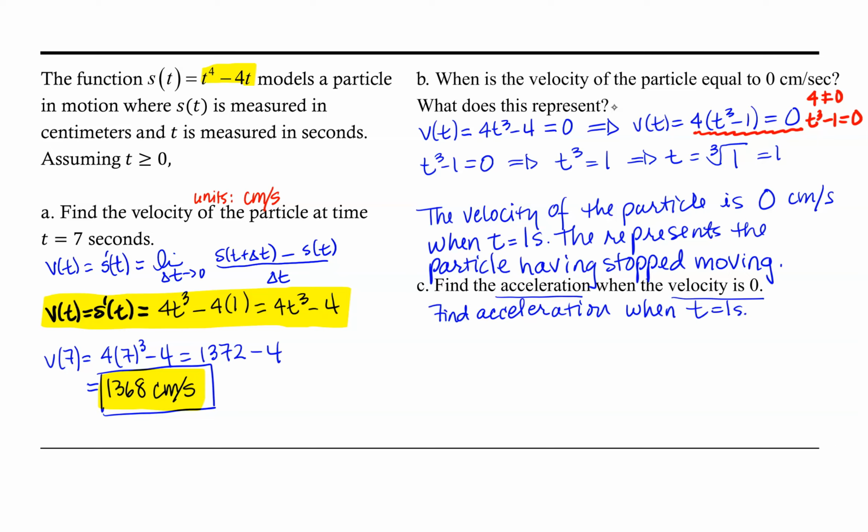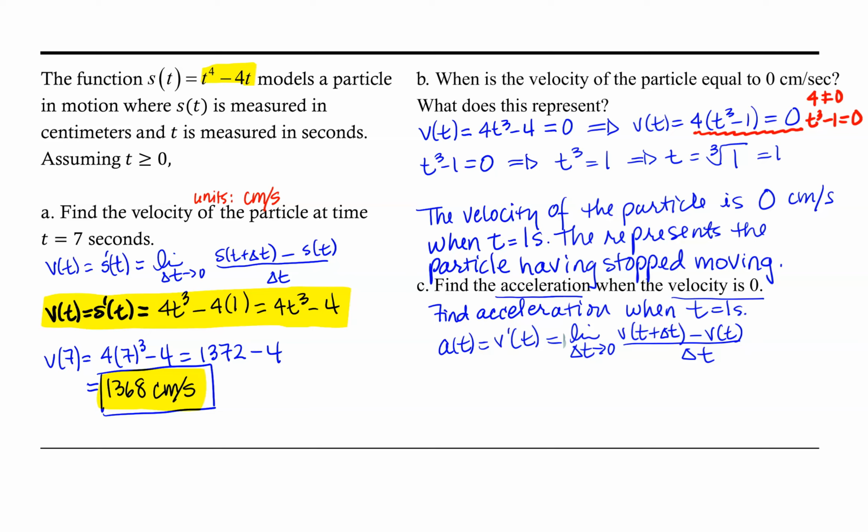So acceleration is the change in velocity over time. So it's the derivative of velocity, which is the limit as delta t goes to 0 of v of t plus delta t minus v of t over delta t.